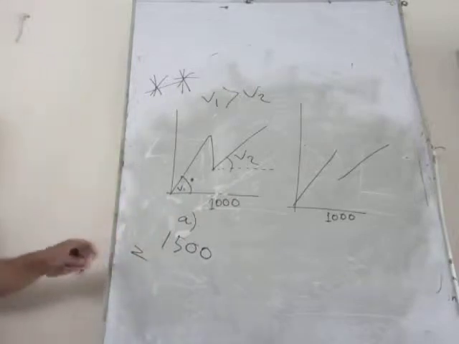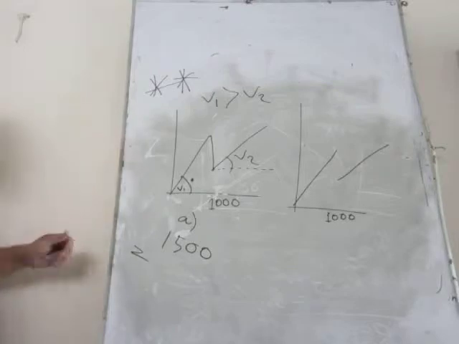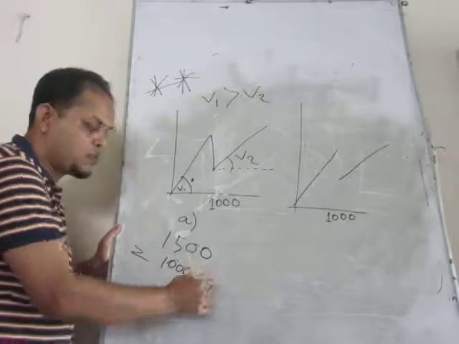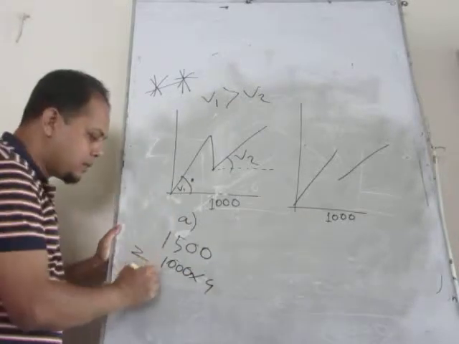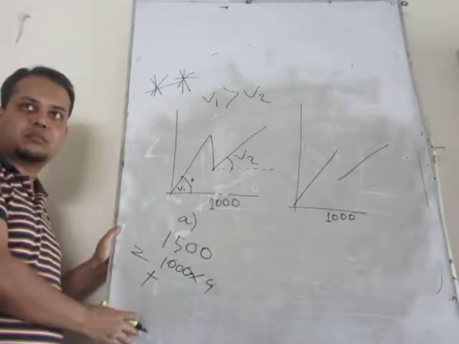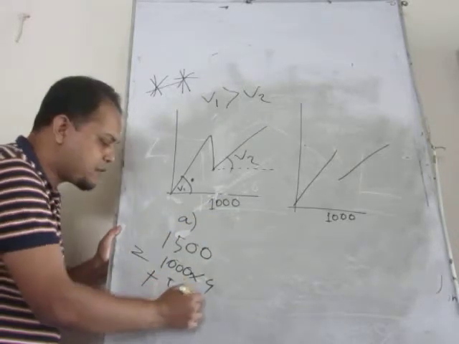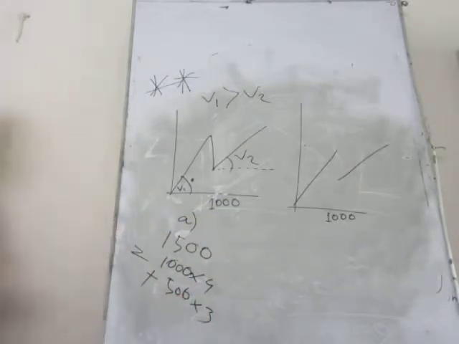If you guys are asked the question just like this, here the variable cost is initial 1000 into 4 টাকা according to our example, plus extra কত, excess 500, that 500 variable cost will be 3 টাকা per unit.